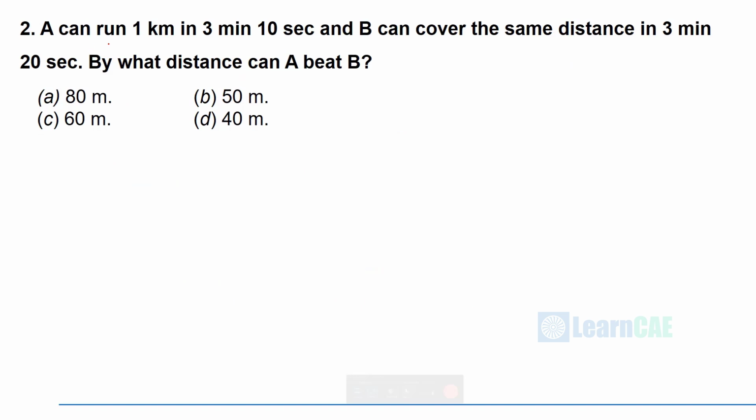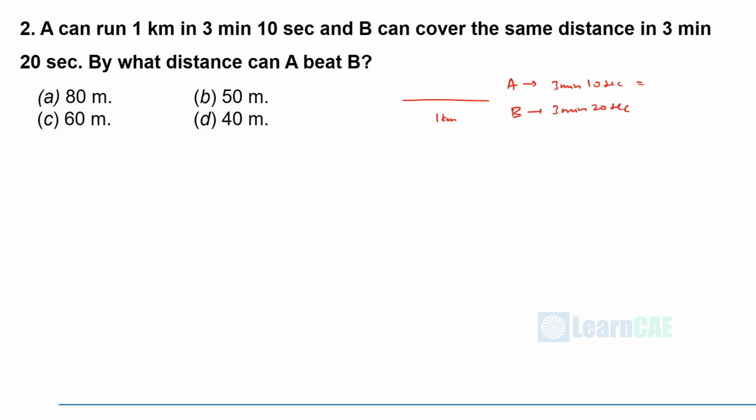Next question. A can run 1 kilometer in 3 minutes 10 seconds and B can cover the same distance in 3 minutes 20 seconds. By what distance can A beat B? That is a 1 kilometer distance. A reaches in 3 minutes 10 seconds. B reaches in 3 minutes 20 seconds.